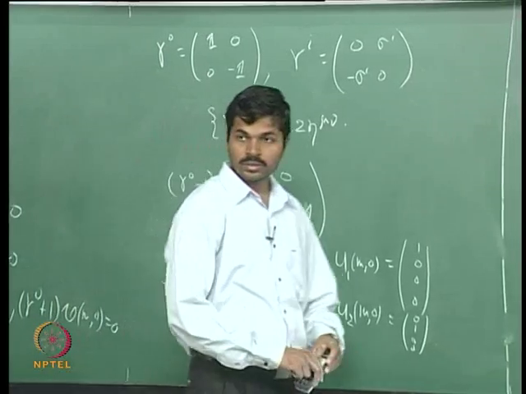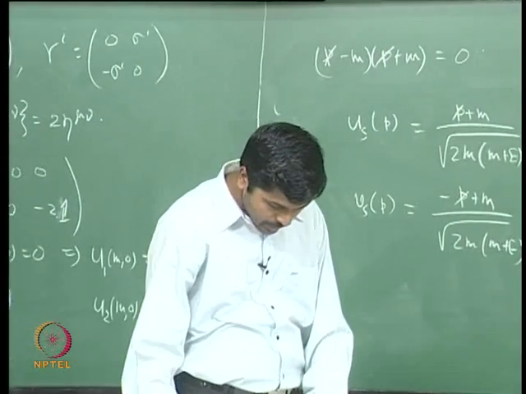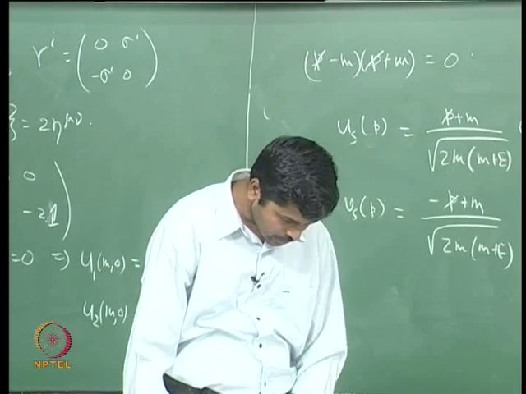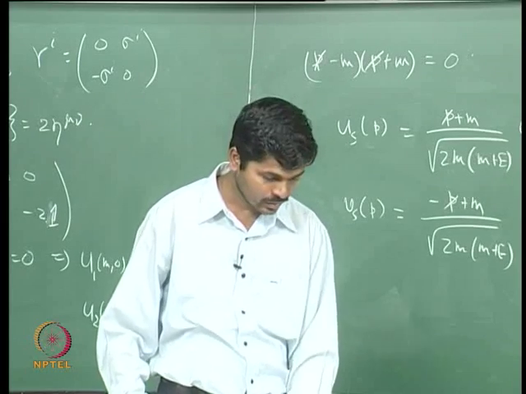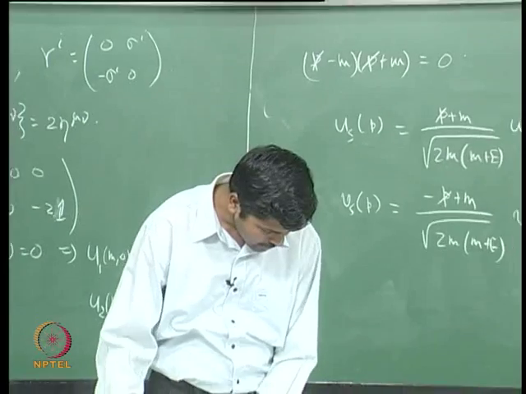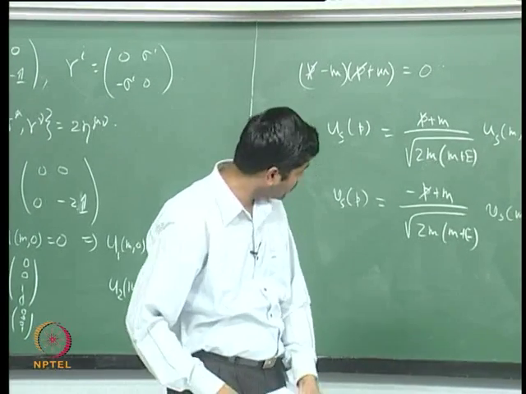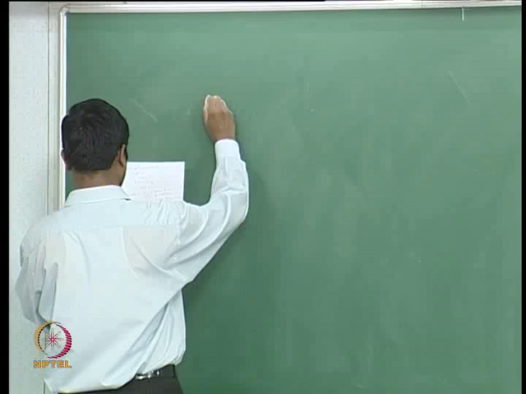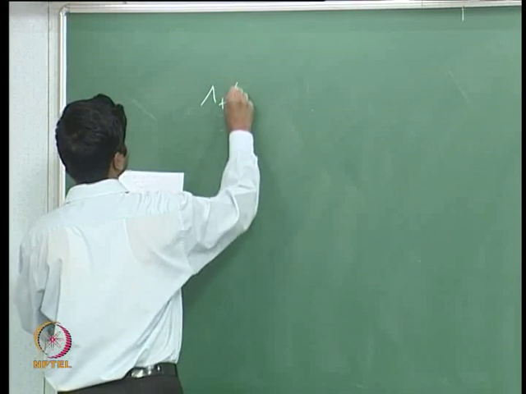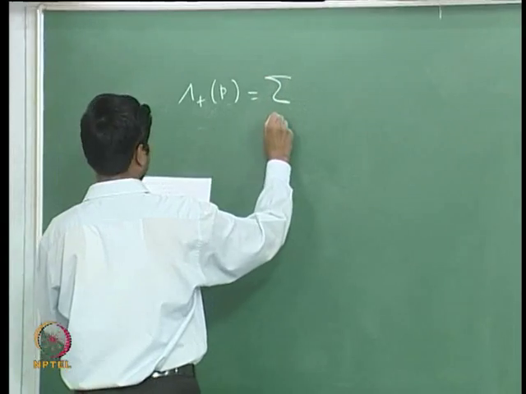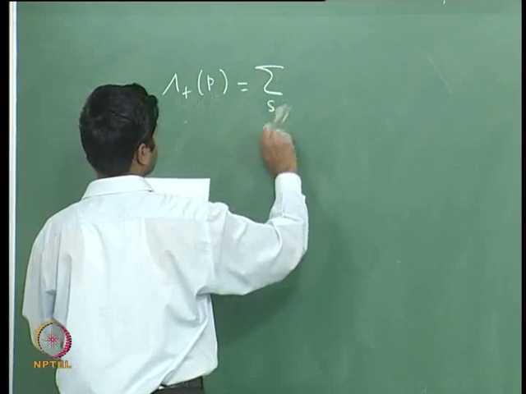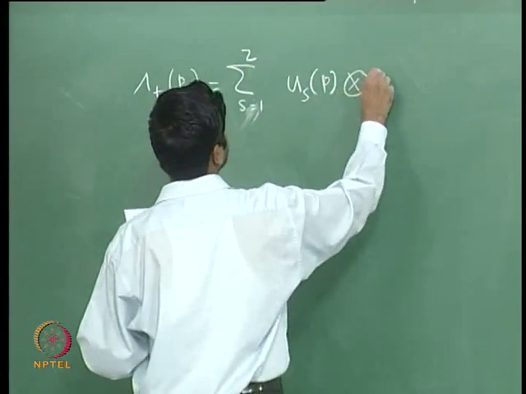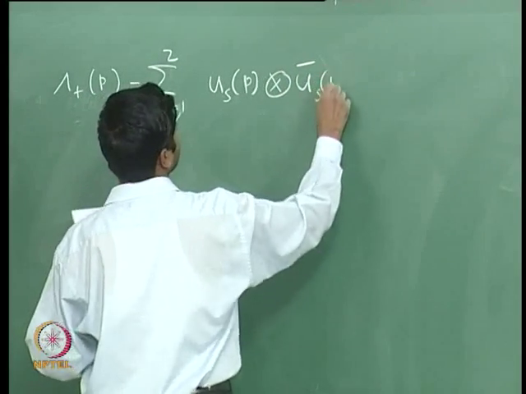Okay. Now, what we will do is that I will introduce a projection operator, which I will define to be this: lambda plus of p equals the sum over s equal to 1 to 2 of u_s(p) u-bar_s(p).